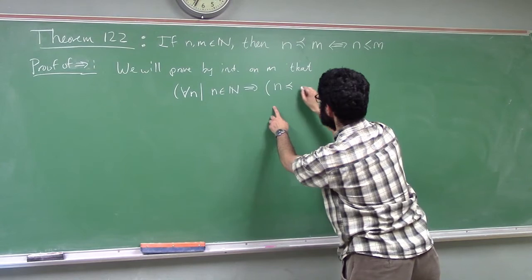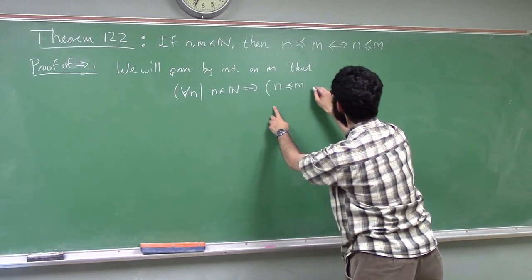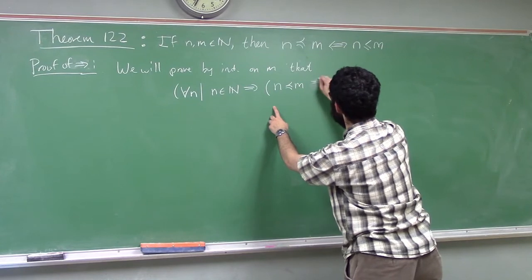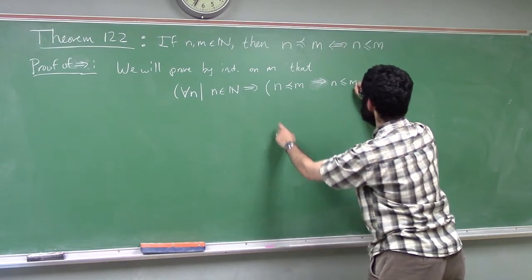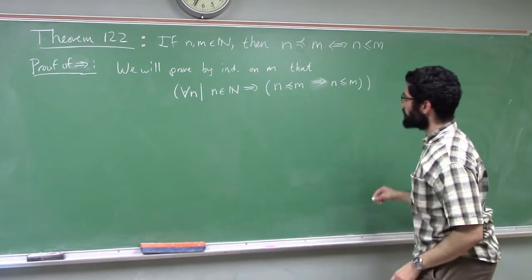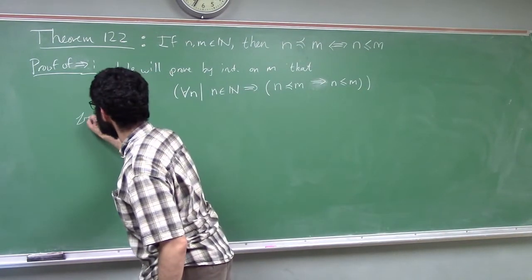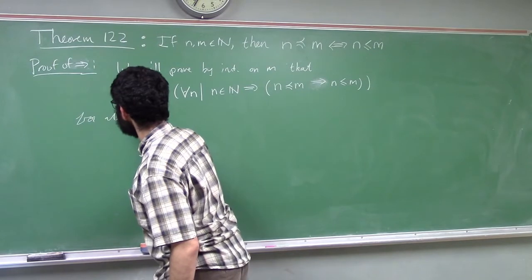If there's an injection from n to m, then n is less than or equal to m. And we will prove that this is true for all natural numbers n.